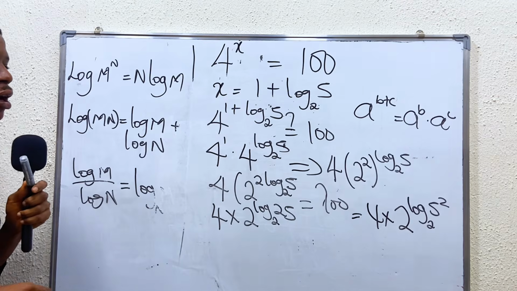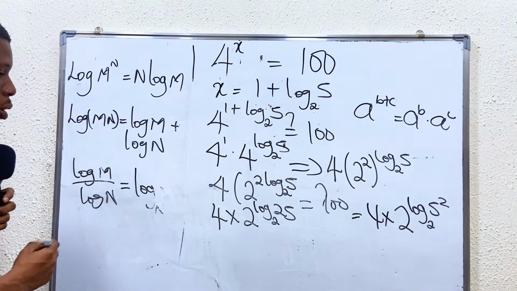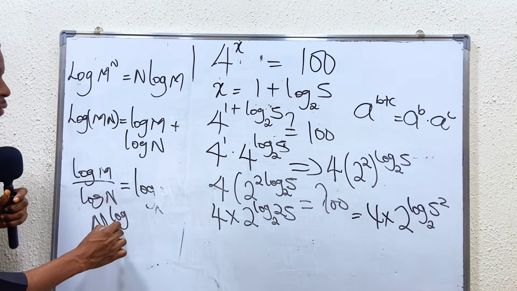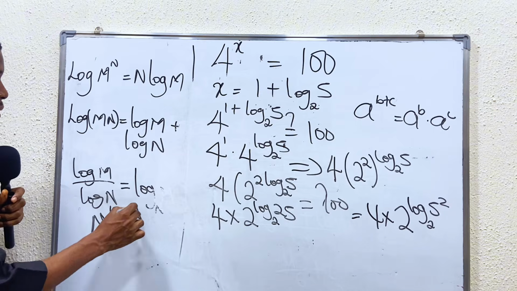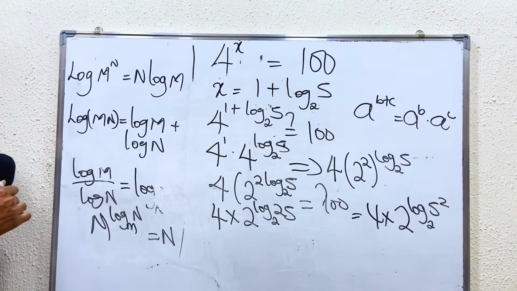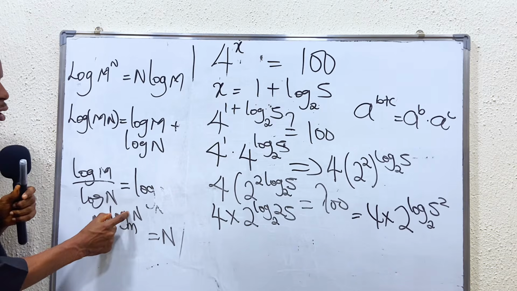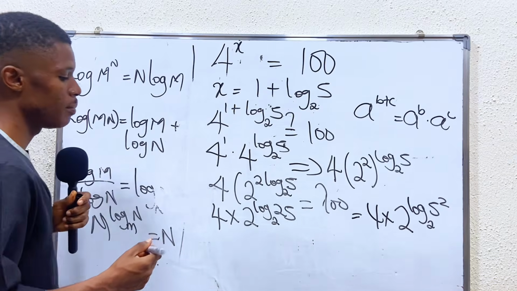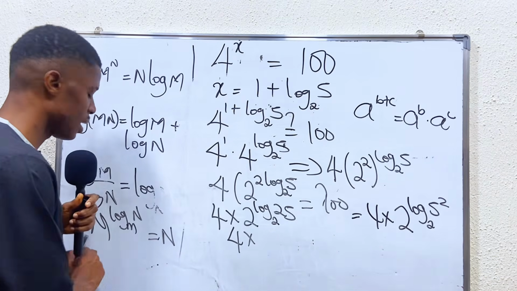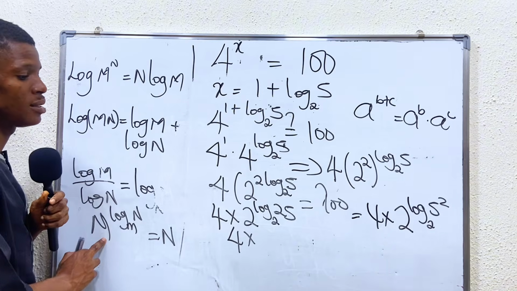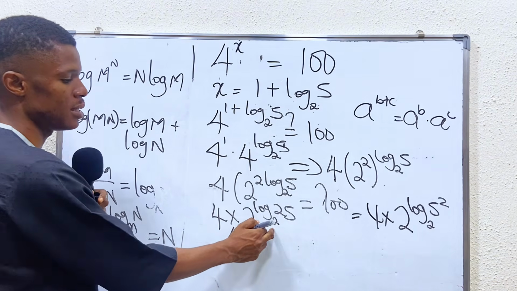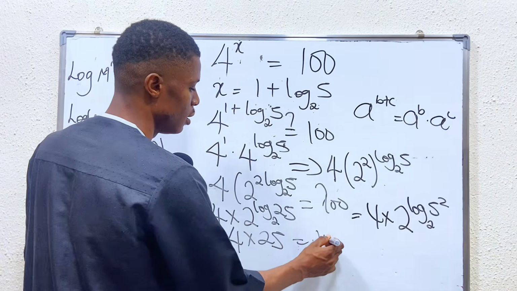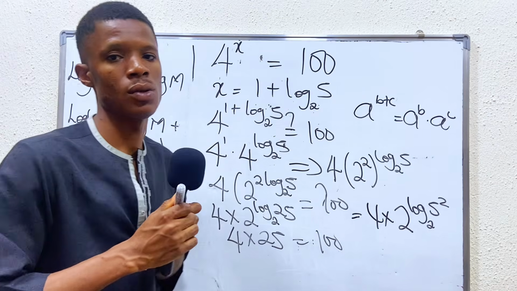You recall again that whenever you raise m to the power of log base m of n, the answer is n. So we have 4 times 25. This is exactly the same because 2 is now serving as the base here again. 4 times 25 is what? 100. So our process and our solution is right.